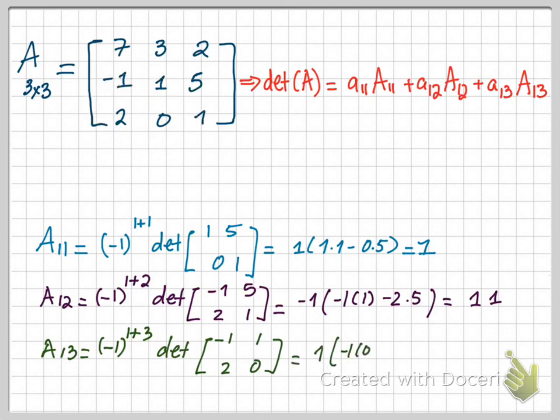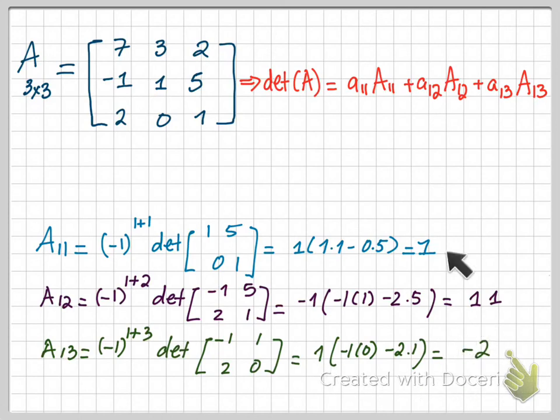And then we know how to find the determinant of this 2 by 2 matrix by taking the product of this diagonal, -1 times 0 minus 2 times 1, which gives us -2, times 1 in front, which is -2.